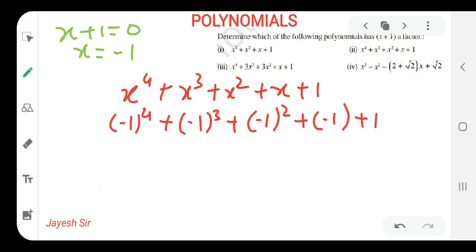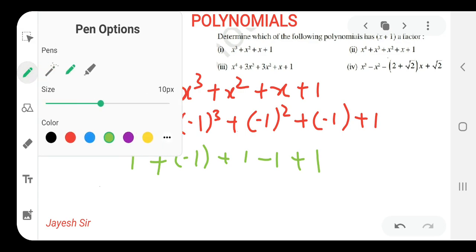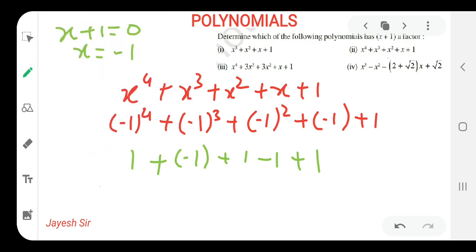Minus 1 raised to 4, that means plus 1, minus 1 raised to 3, that means minus 1, plus minus 1 raised to 2, that means 1, and minus 1 as it is plus 1. Now we want to solve it. How can we solve, friends? Easily. Minus 1 plus 1 gets cancelled. Again minus 1 plus 1 gets cancelled. So what we are left with? We are left with 1. So we are getting 1 as our answer. That means x plus 1 is not the factor of x raised to 4 plus x cube plus x square plus x plus 1.